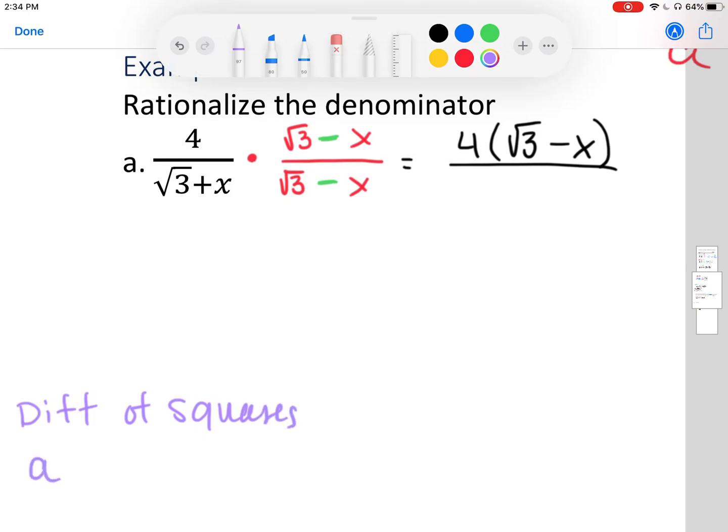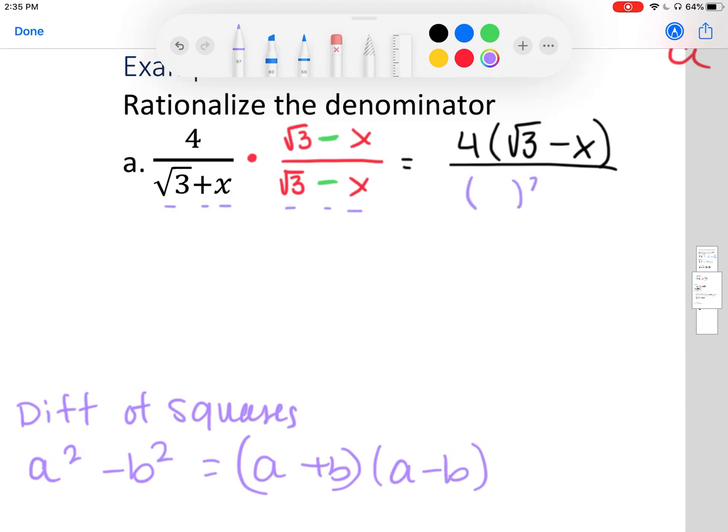Meaning a squared minus b squared is equal to a plus b, a minus b. Well, here we have the a plus b and the a minus b, so this would be the square difference. So I write square root of 3 and x. Why do you do this? You do this to avoid doing the FOIL method.